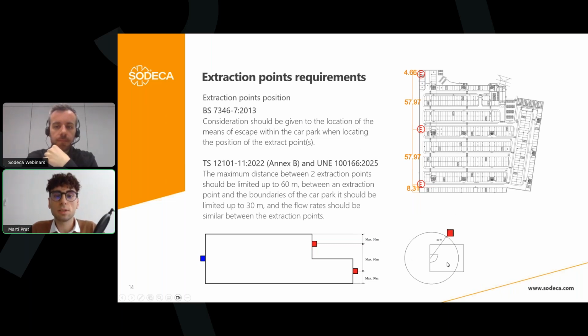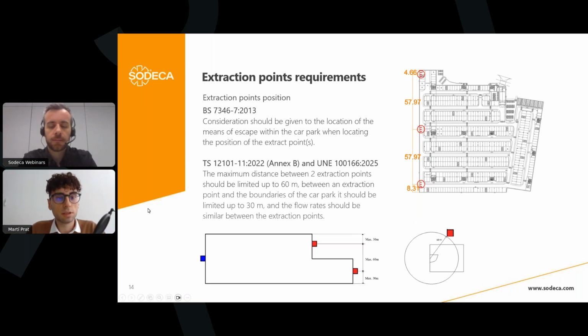The Spanish standard says that the extraction point should be at a minimum distance of 10 meters from the escape point. This is because you are extracting the smoke, so you are attracting the smoke towards this area where there are people evacuating. So it is important to place these extraction points as far as possible.